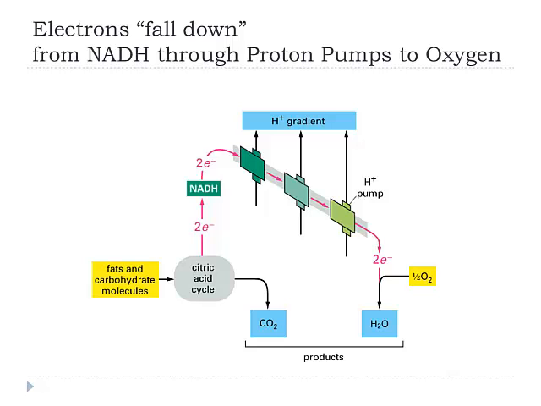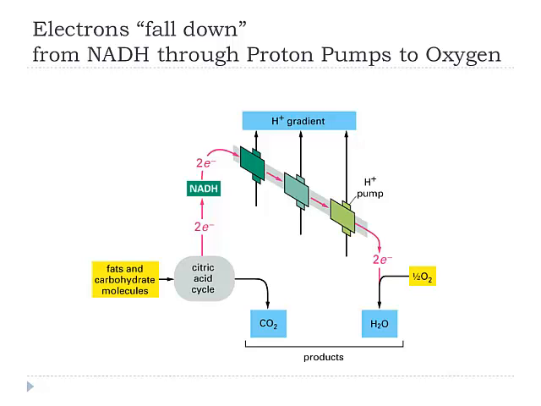Instead of just passing off the electrons directly to oxygen, which would release a lot of energy in a useless form, heat, the energy is captured in little packets in a useful form by passing off electrons from the electron carrier to oxygen in several discrete steps.